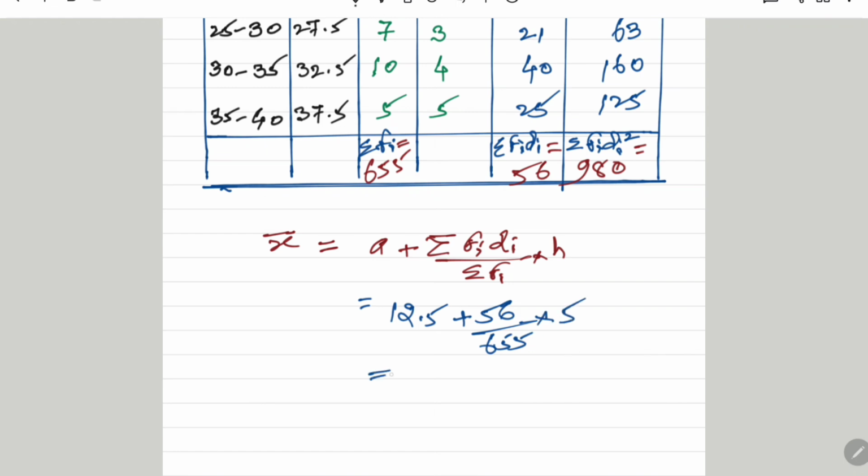Simplifying it by calculator, we get that value 12.93. Value of mean as 12.93. Performing this calculation, 12.5 plus 56 into 5 divided by 655, by calculator, we get that value as 12.93.